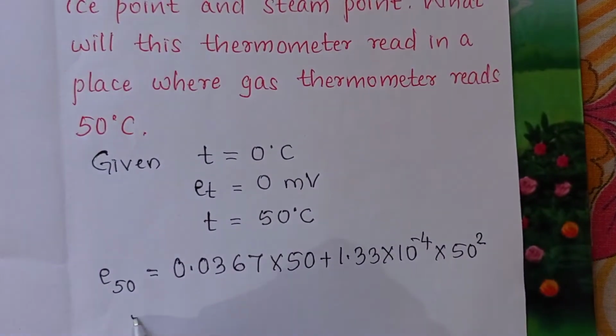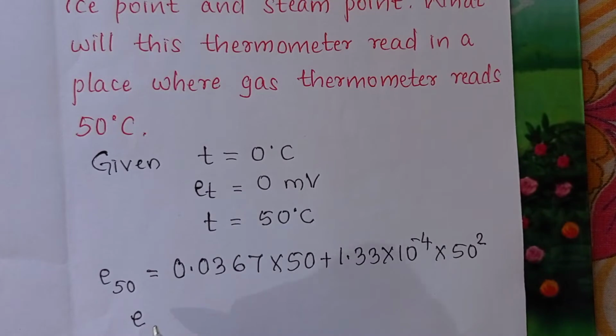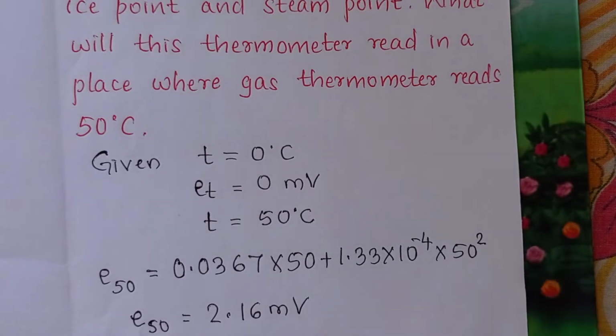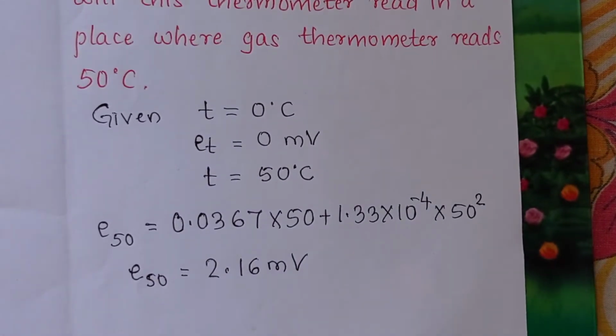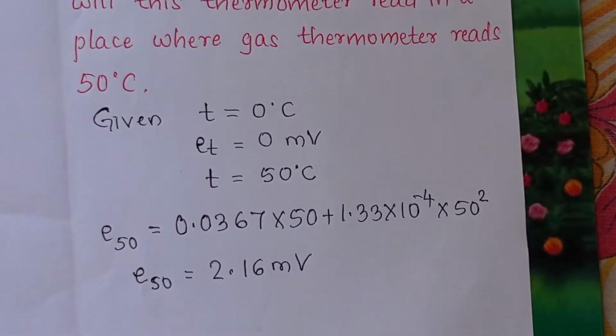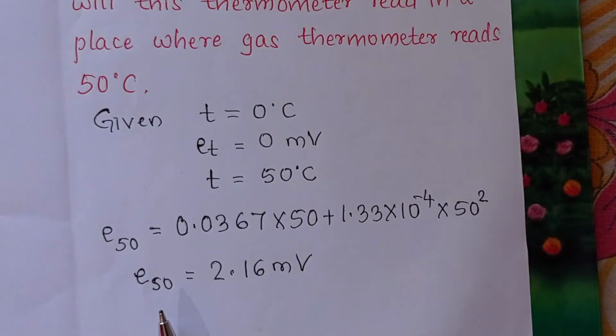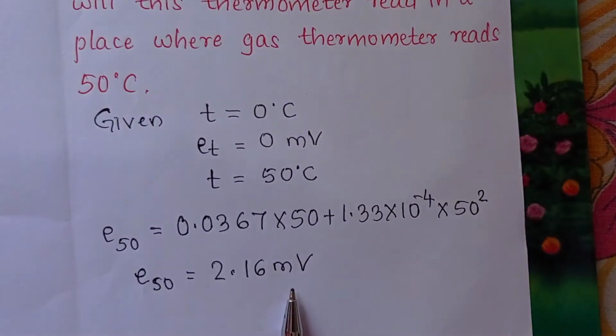So at 50 degree centigrade, the value of E50 is 2.16 millivolts. At 50 degree centigrade, the value of EMF of the thermocouple is 2.16 millivolts.